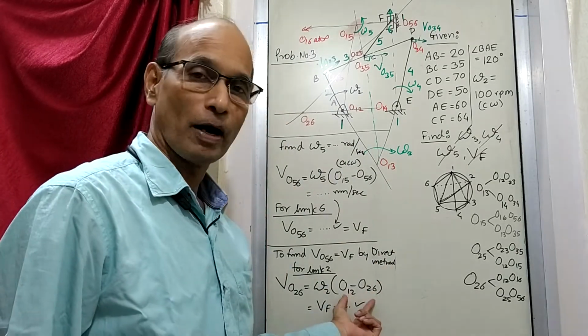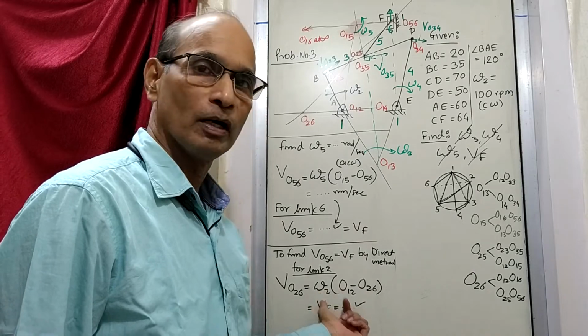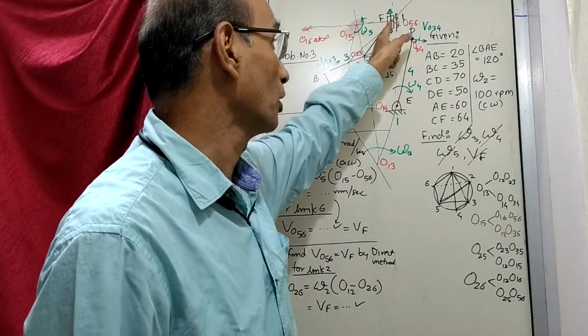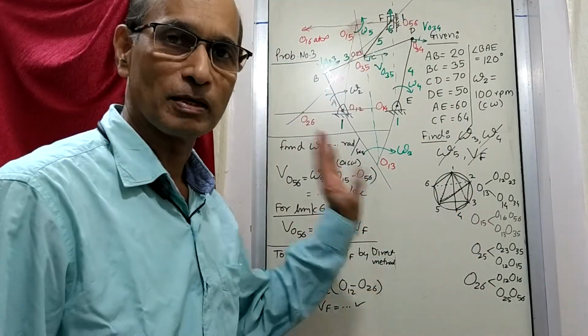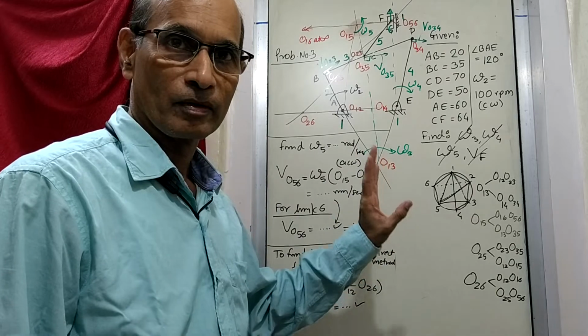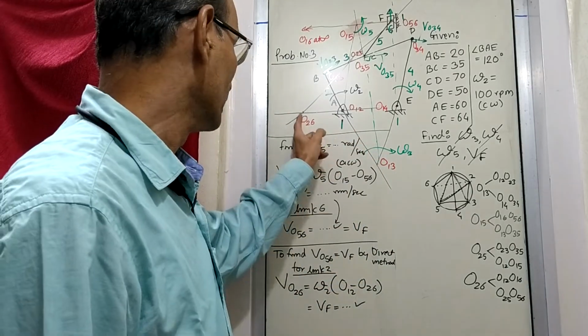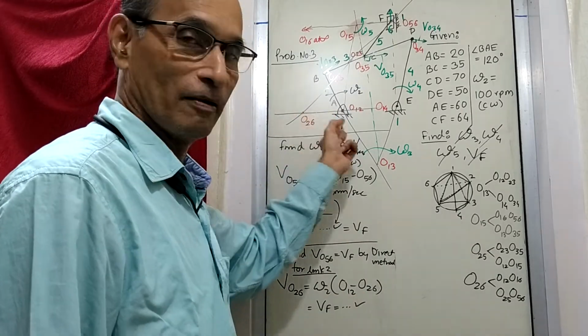Once you know this point, you can measure the distance, multiply the distance by ω2, and that is going to give you the velocity of F, which is supposed to be the same as what you calculated earlier. First, you will notice that we are correct. Why, you can guess, because this point has come here. This distance is like this and this is horizontal.